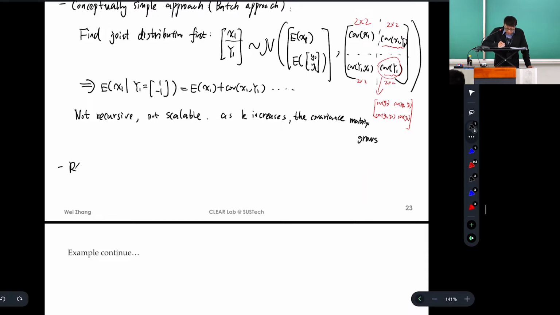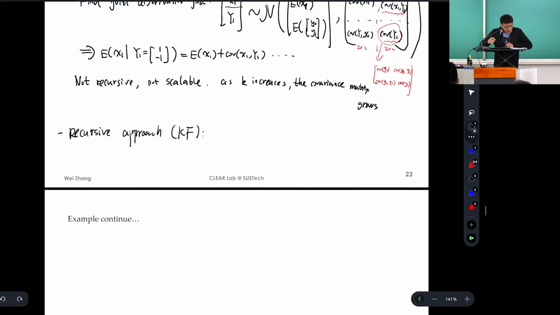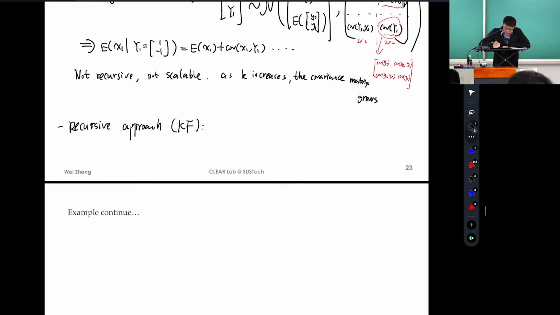Now the second approach, which is the recursive approach, which is just the Kalman filter. That's where the key idea arises. Let me write it down, and as we write it down, you can think as well.